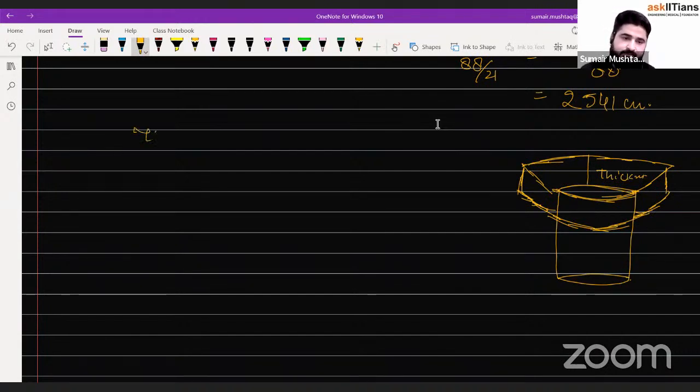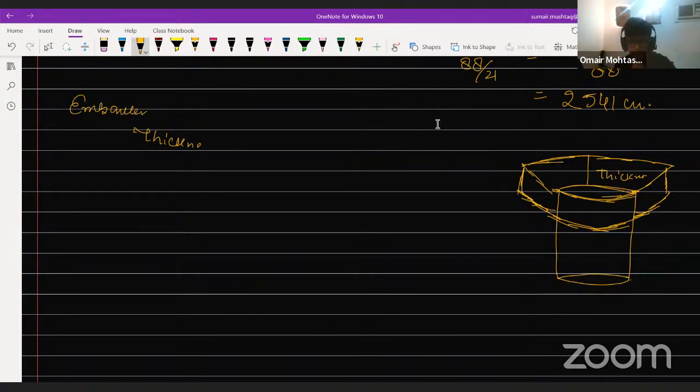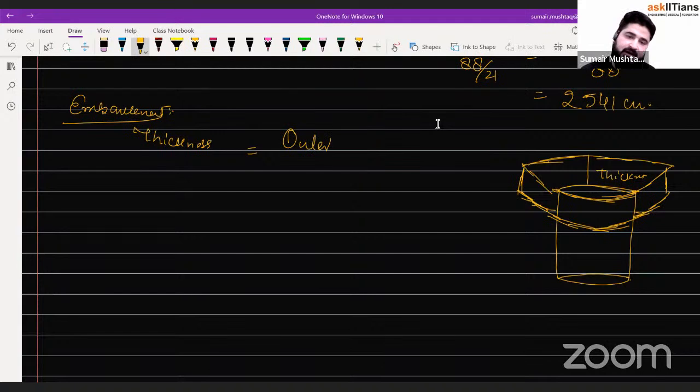Thickness is equal to outer radius minus inner radius. Let us suppose the outer radius is R and the inner radius is r, right?